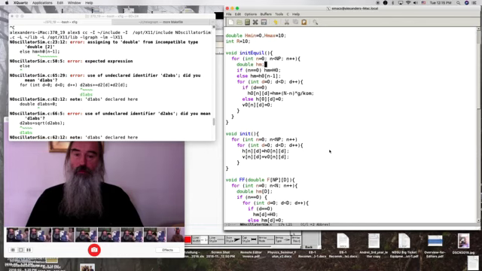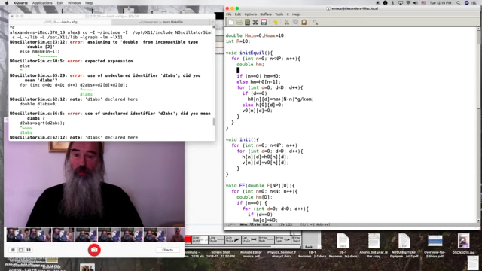For all particles, for all dimensions, I guess. And now we're going to do this funny thing again.